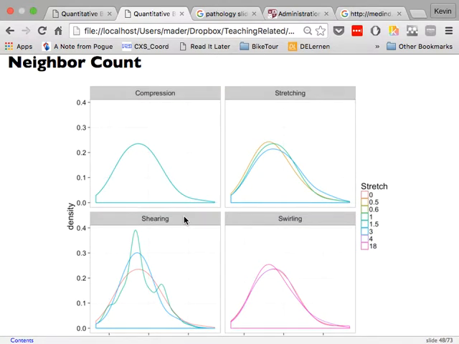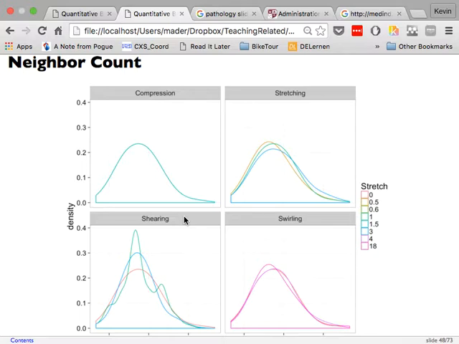So now we can look at some of these metrics and how they change in different systems. Here we show the factors as different colors, and then we can see how the neighborhood count changes as you change these factors. For compression, the neighborhood doesn't change at all. It stays completely the same no matter what factor you apply.